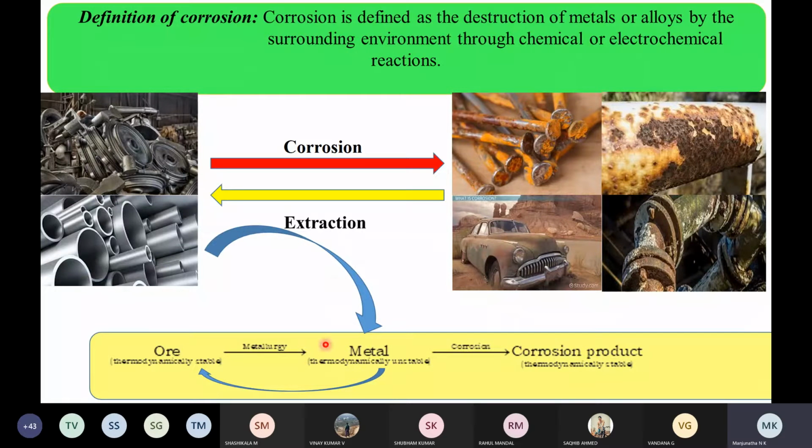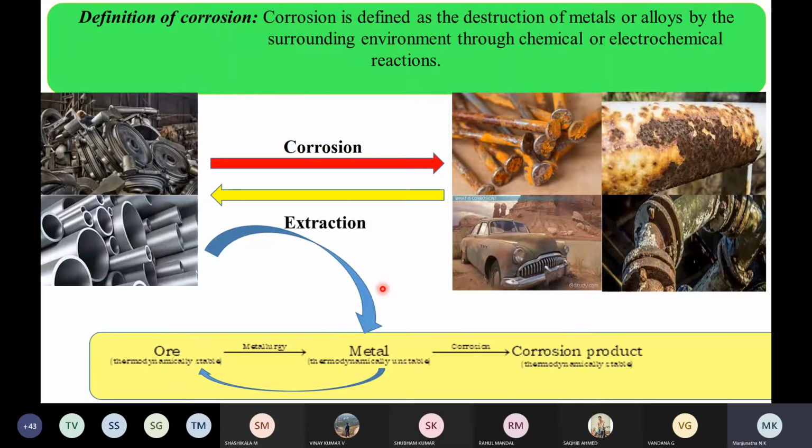So this indicates how corrosion is observed. First we get ore, a naturally occurring substance in the form of oxide. Once the ore obtained naturally is subjected to a metallurgical process, it gives a metal. That metal is thermodynamically unstable in nature, meaning it has the ability to undergo further reaction.